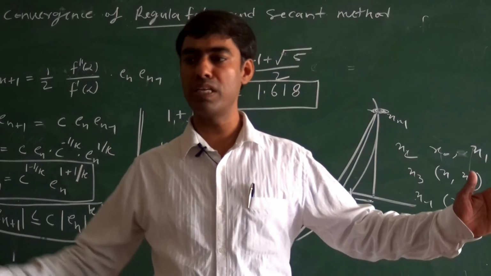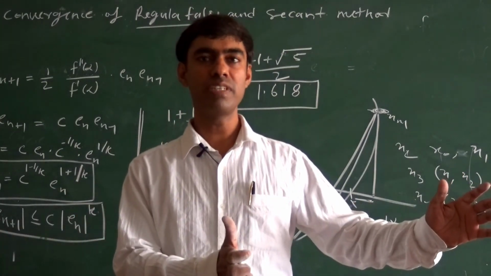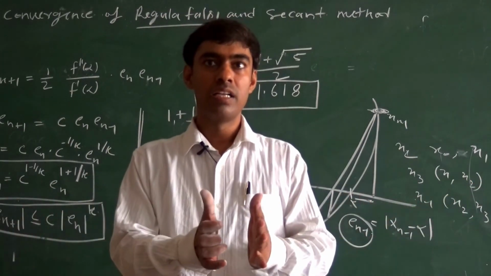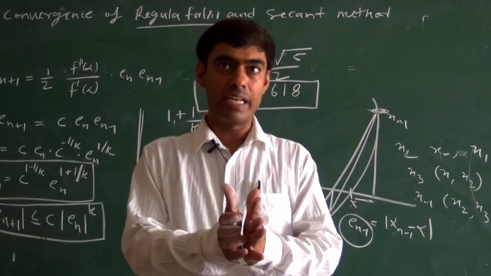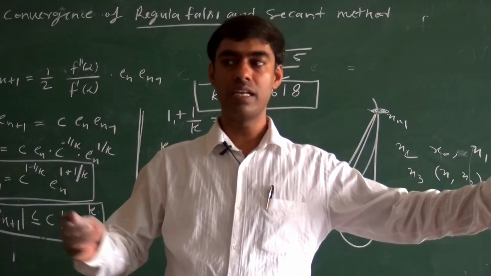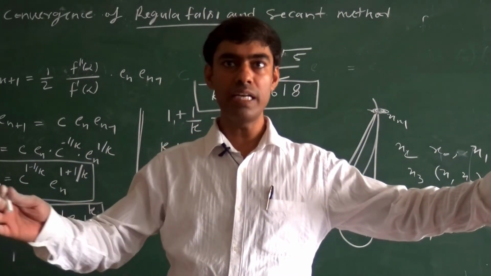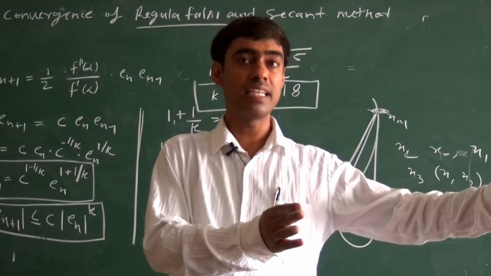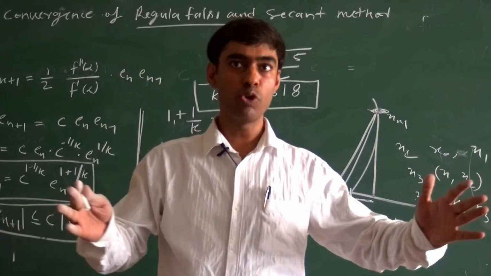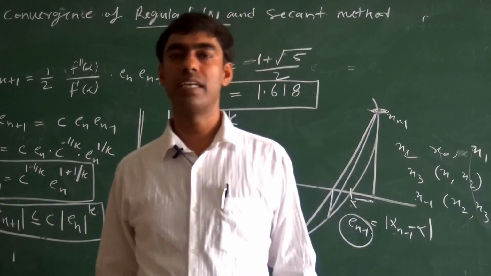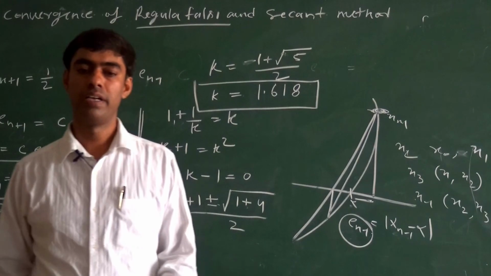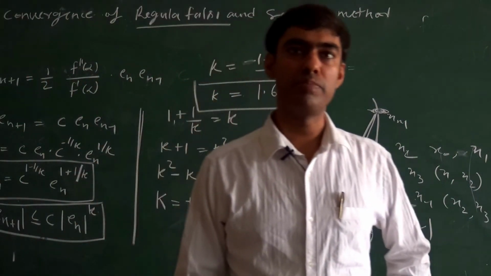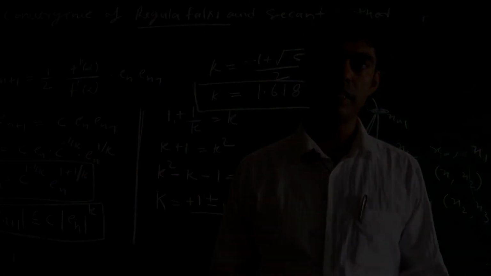If one end is fixed and only one end moves, then obviously the rate is less. If both ends vary, then obviously the rate of convergence is high. So this is all about the rate of convergence of the Regula Falsi method and the secant method.